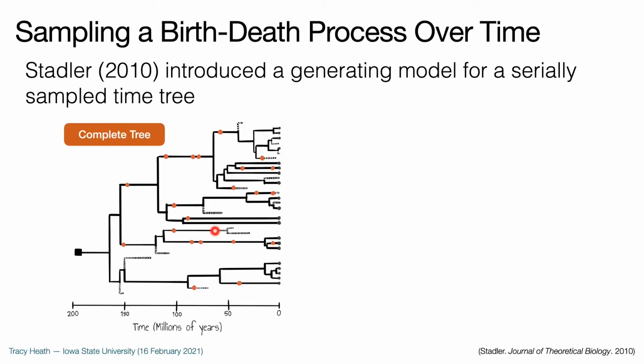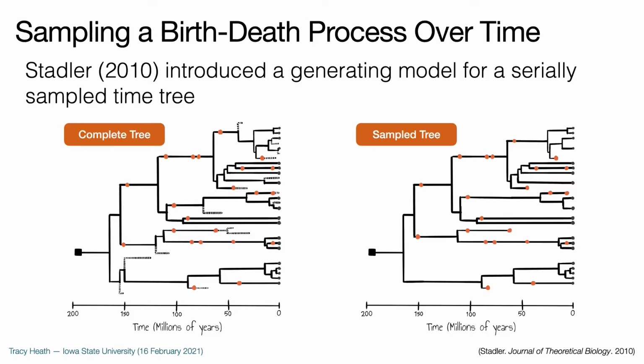And so a lineage that goes extinct, if it doesn't have sampled descendants, will be unrecoverable even by any of our methods. And so what we have from this model described by Tanya Stadler is that the sampled tree, this tree that is defined by our set of samples, is a process that's extracted essentially from this complete tree.